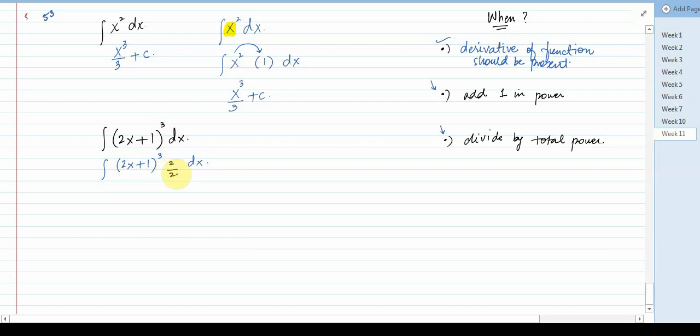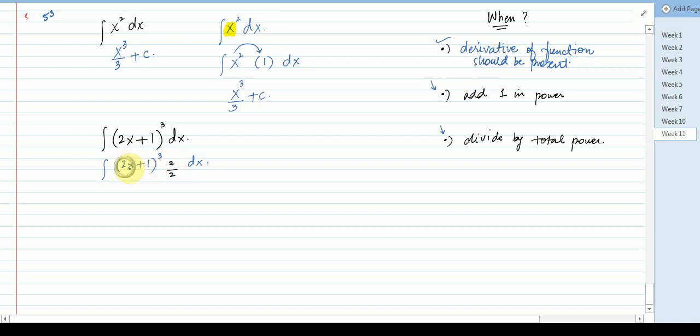Alright? Keep in mind that you can integrate any function when the derivative of that function is present with it. So you can integrate any function when the derivative of this function is present here, right? So we need 2 here.